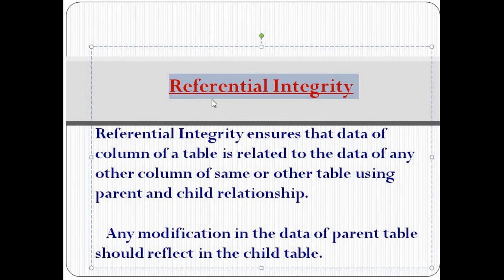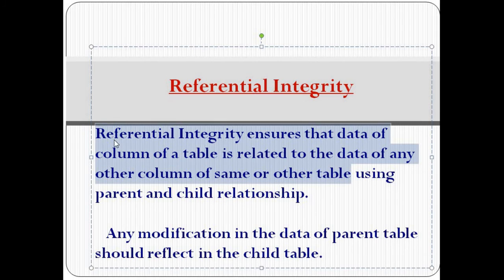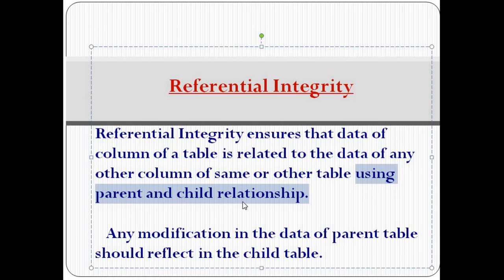Now since you are clear with the concept of foreign key, I shall be discussing now the topic known as referential integrity. Referential integrity ensures that the data of a column of a table is related to the data of any other column of the same or other table using the parent and child relationship.